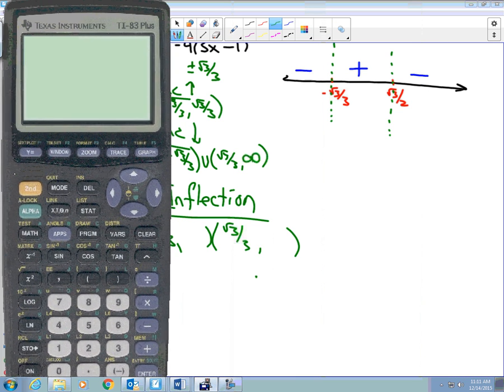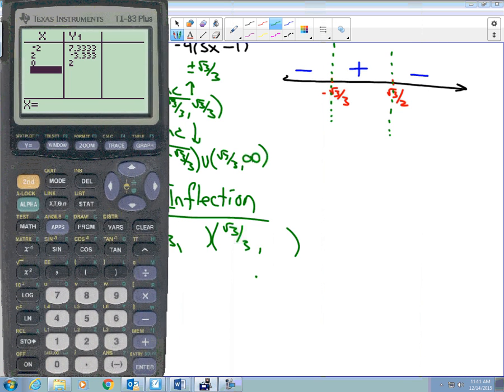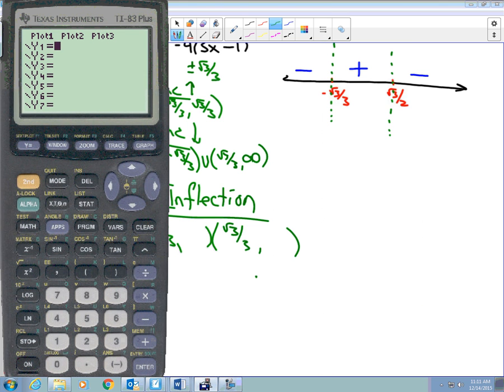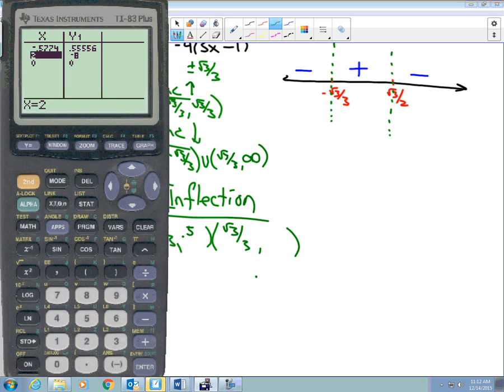So I will take those and plug them in. -x to the 4th plus 2x squared. If I go to my table and type in -√3 divided by 3, I get 0.56. And if you do it again with √3 divided by 3, you also get 0.56.